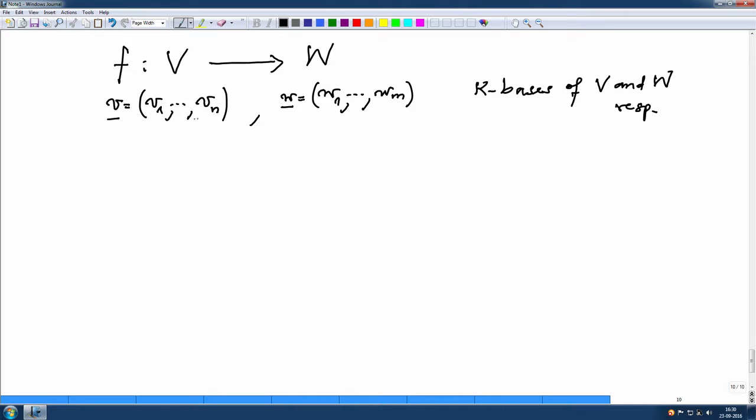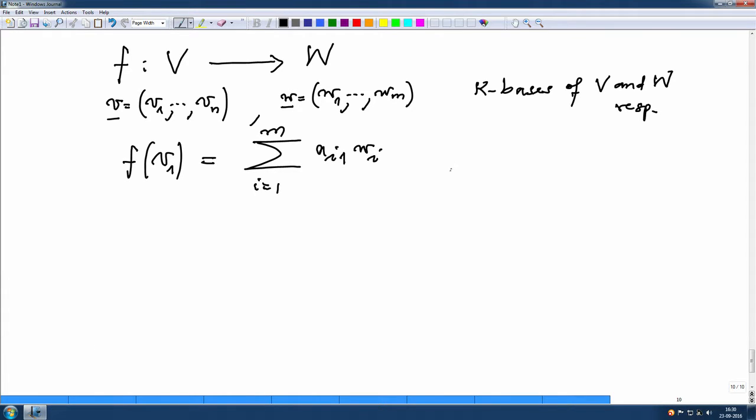It is very important, because I do not want to write a bracket, that I keep track of who comes first and who comes later, because f of v1 will be the first column. So f of v1 we have written as a combination of w1 to wm: the sum running from i equal to 1 to m of ai1 wi.